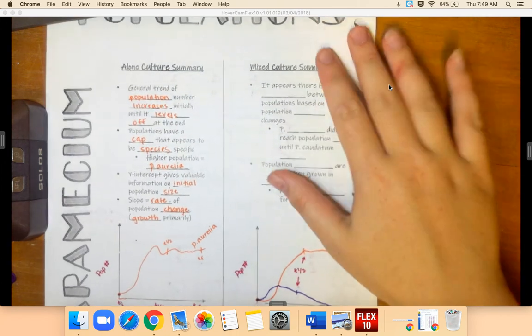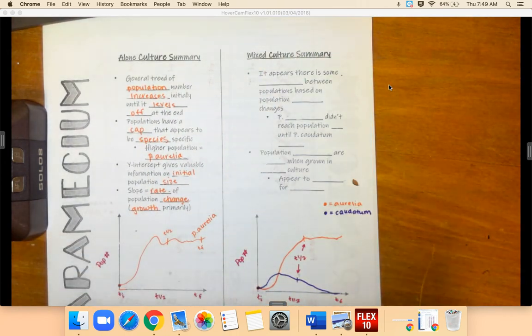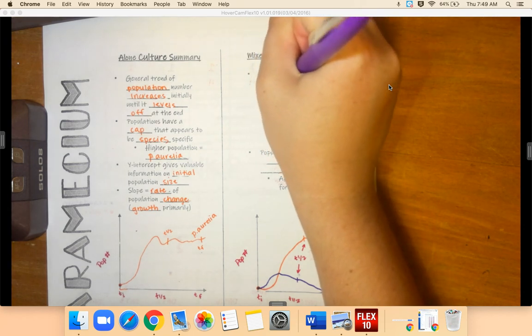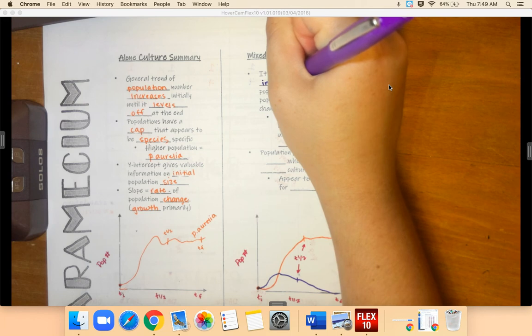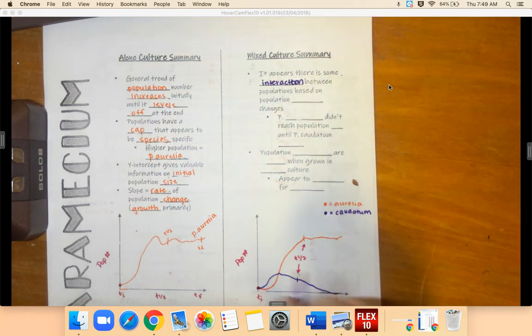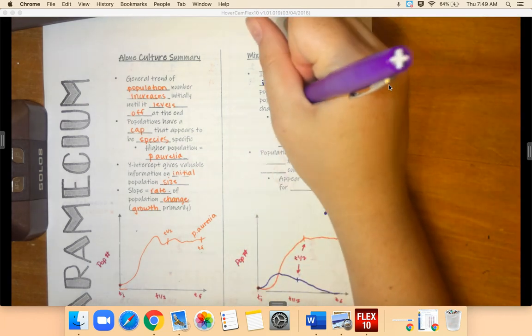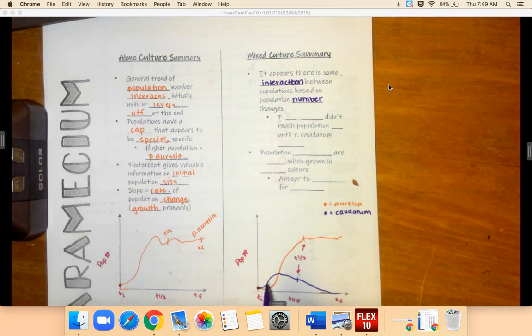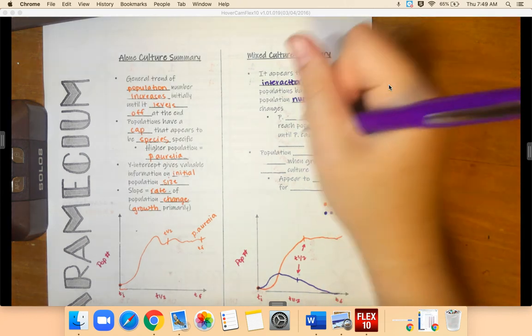So doing our mixed culture summary, it appears that there is some interaction between populations based on population number changes. So as this population began to grow, our other population started off a little slower. Then that population started to grow again, and our purple started to slowly die off.